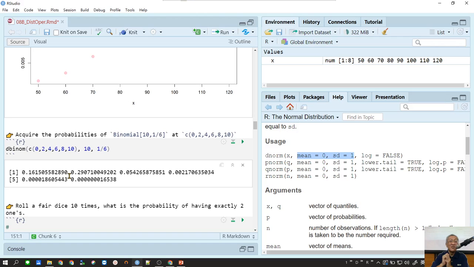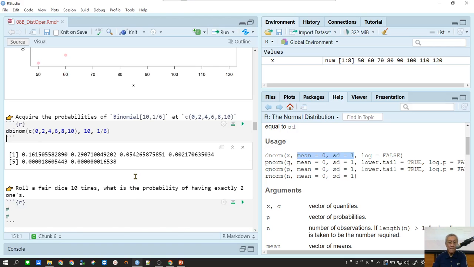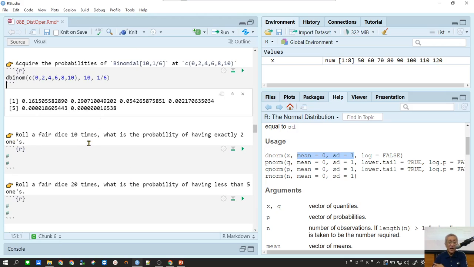Okay, so you see the probability of binomial 10, 1/6 at 0, 2, 4, 6, 8, 10. Okay. Now, if we roll a fair dice 10 times, what is the probability to have exactly 2 ones? A dice has 6 sides, right?